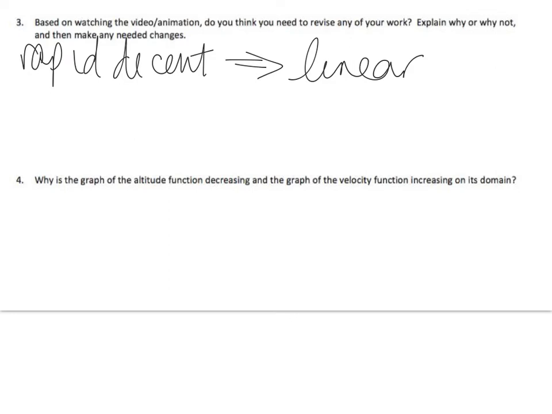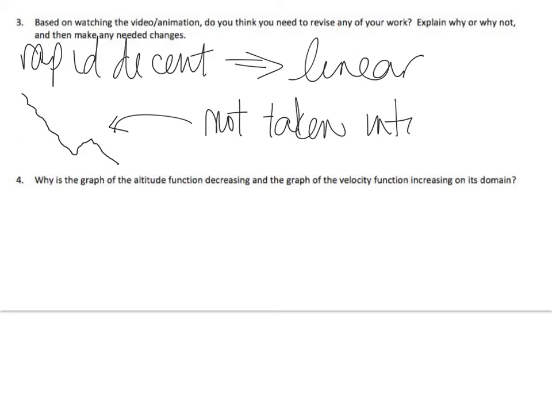So that rapid descent and that deceleration, it's not a linear movement. So the graphs don't really take that into account. And when you watch the video and you see the rover come down and then the parachute comes out and then it goes up a little bit and then back down, we don't take that into account at all. So that's not good.